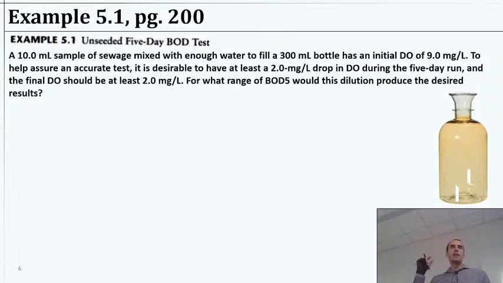And the final should be at least 2 milligrams per liter remaining. Again, because these probes are not super sensitive, we're trying to make sure they're in a good range. So the question then is, for what range of BOD5 would this dilution produce the desired results? So we need a range of BOD5.